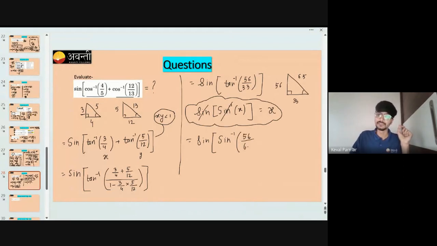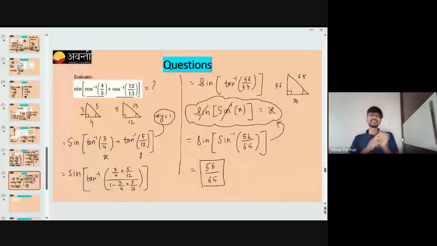Then by using this, I can directly cut. It doesn't sound exactly mathematically correct to say cut, but we use it anyway. So the answer is 56 upon 65. My value for the question is 56 upon 65. Let's move on to the next one.